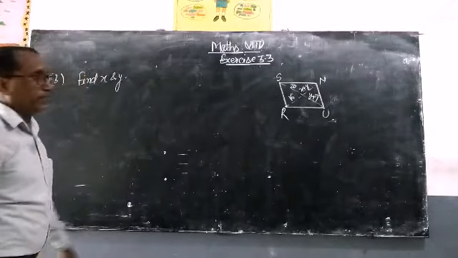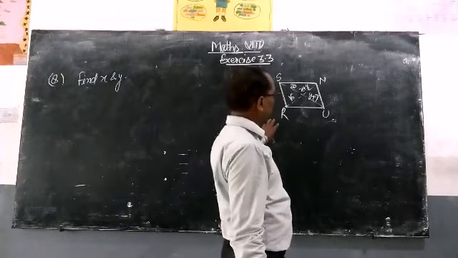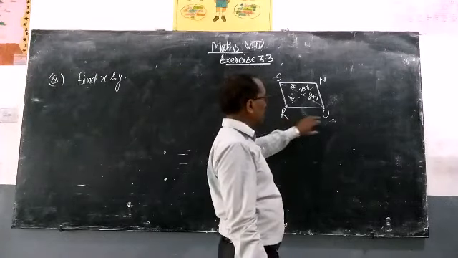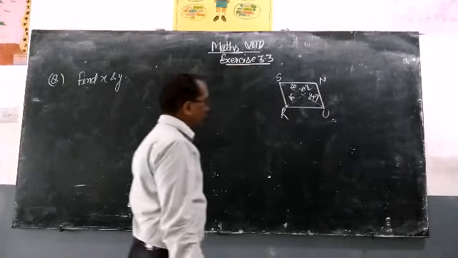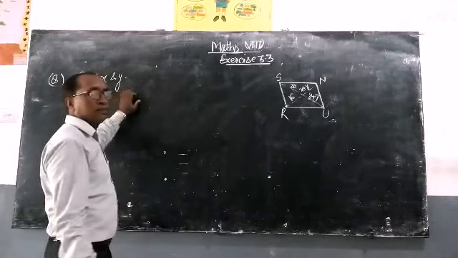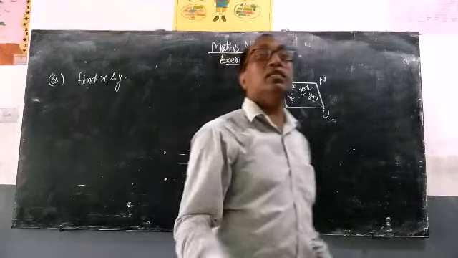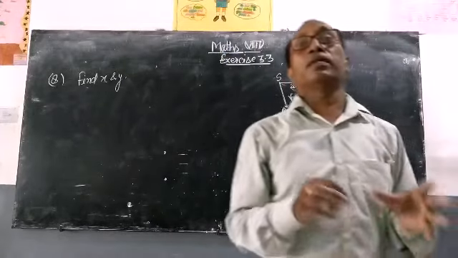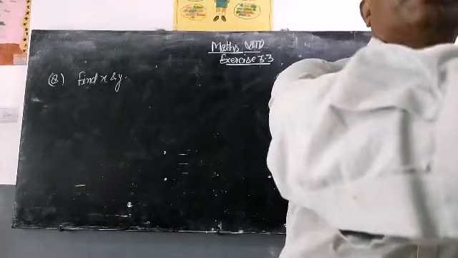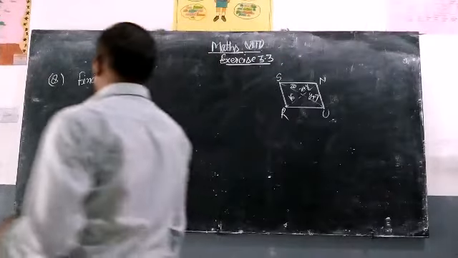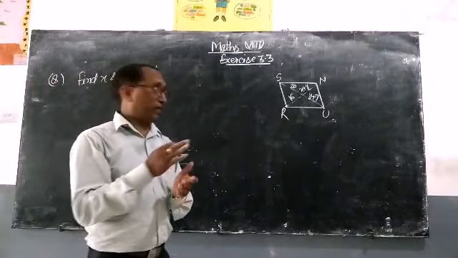Question number 8. This is a parallelogram whose name is RUNS. Find out the value of x and y. For this question, you should know the diagonal property of a parallelogram. Diagonals of a parallelogram bisect each other.